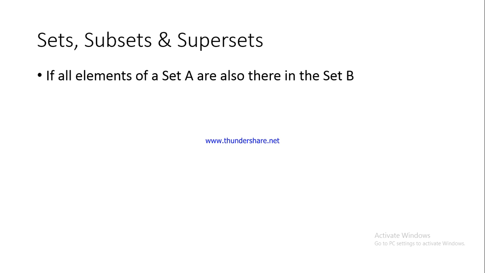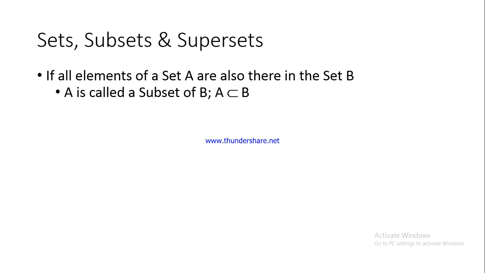Now please understand, if all the elements of a set A are also there in set B, so all the elements of set A are also part of set B, then in that case A would be called a subset of B, and this is the symbol that denotes the subset. So A here is a subset of B, and the symbol looks like a C in the second line after the semicolon.